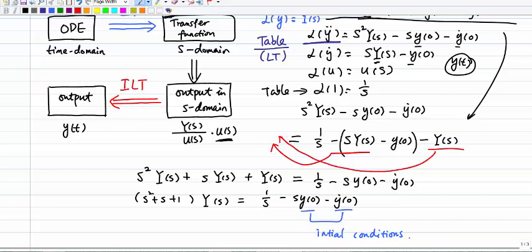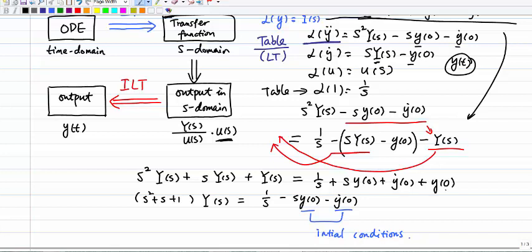I have s squared Y of s plus s Y of s plus Y of s. Then I move the rest to the right hand side: 1 over s, plus s y0, plus y dot 0, and one more term, plus y0.